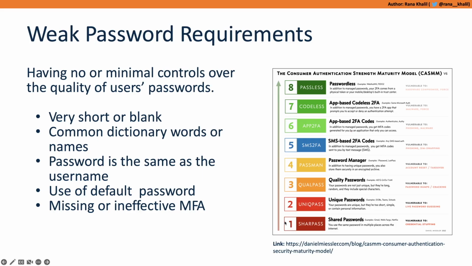So for example, over here, the worst level or the most insecure level is number 1, which is shared passwords. The definition for that is that you use the same password in multiple places across the internet. And that's probably the majority of the users on the internet. So you could see over here, for example, your Gmail password is the same one as for Netflix, it's the same one as for Wells Fargo, and so on.